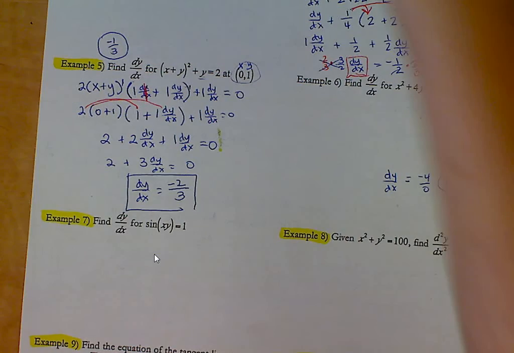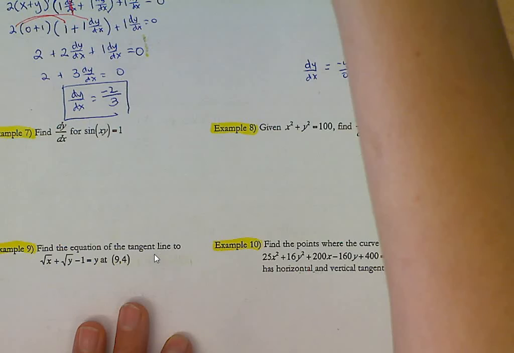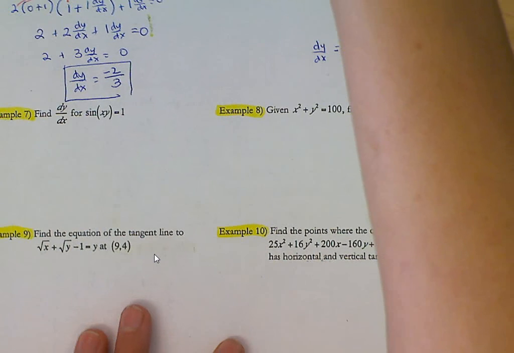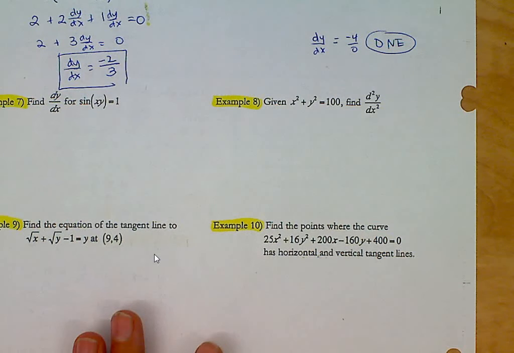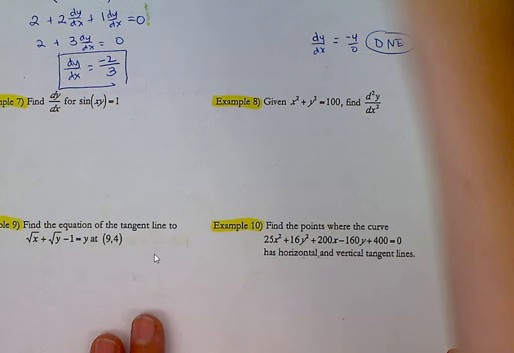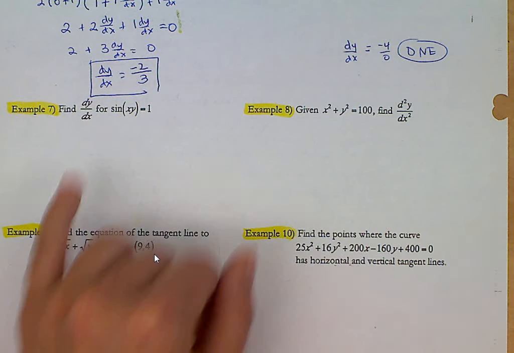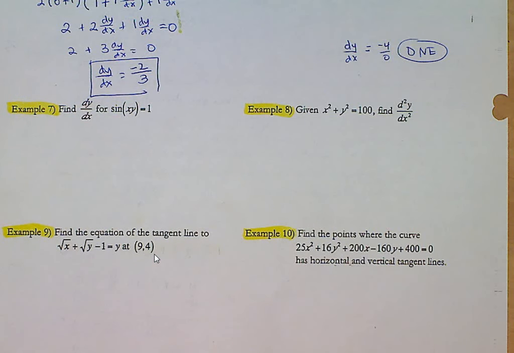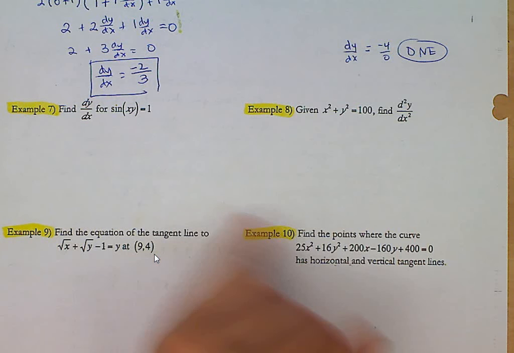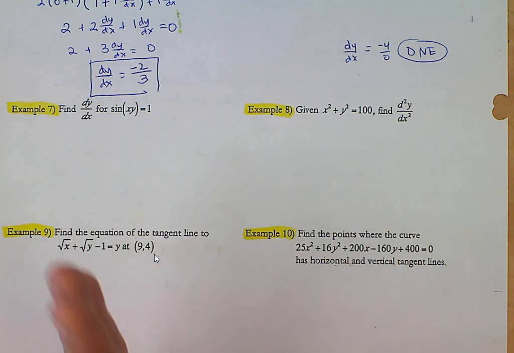But I will do a few more of these examples with you. I noticed that 7 and 8 no longer give us points. So for these ones, they are a little bit more challenging because you can't just plug in the points. We're actually just finding the derivative function.